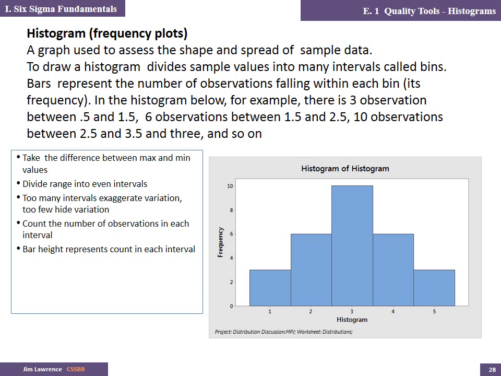Now, too many intervals exaggerate the variation, and too few hide the variation. Usually you make histograms with statistical analysis tools, and they usually do a good job of dividing up the intervals for you. You count the number of observations in each bin, and the bar height represents the count in each bin or interval.